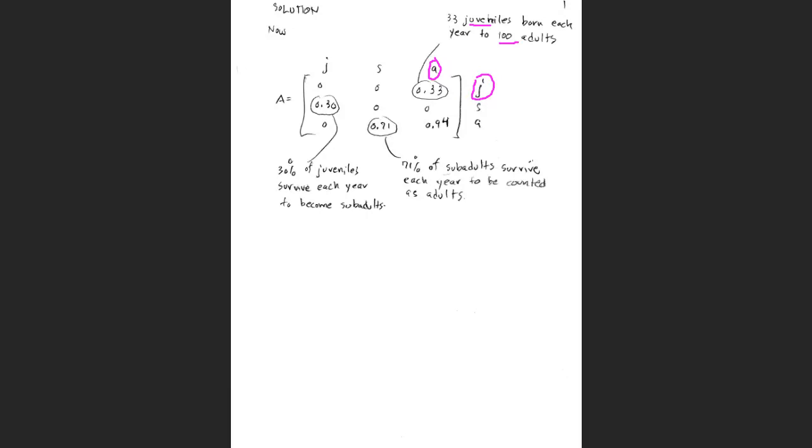Now the 0.94 here, what does that mean? That's adults to adults. How would we interpret that?